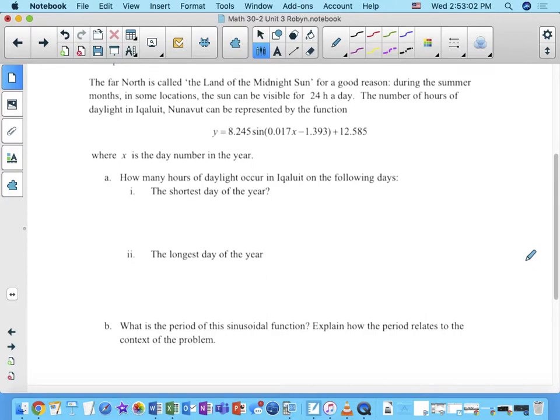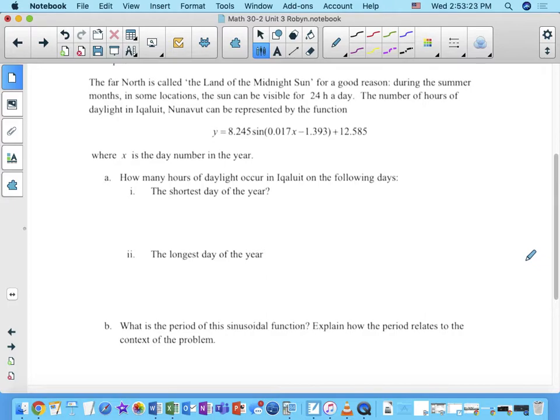What would you see on the graph for the shortest day of the year? A minimum point. Yep. And if you're looking for the longest day of the year, a maximum point.